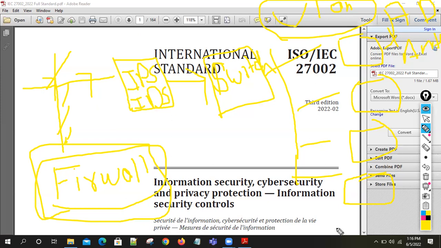Apart from this, various SIEM tools would also be installed in the system. This would be the ideal architecture to be designed within the organization.